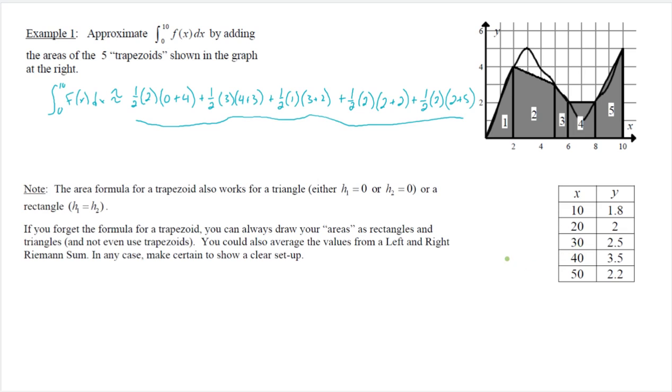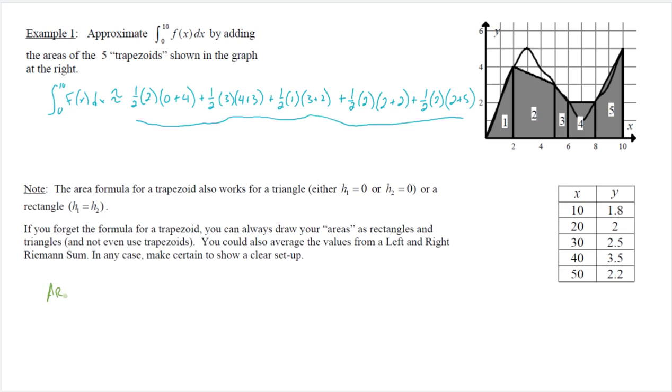So even though we don't have a graph associated with this, we do have a table, and so we can use that table to create our estimation. In this case, I don't have an actual function name here. We could call it anything, or we could simply call it the area.